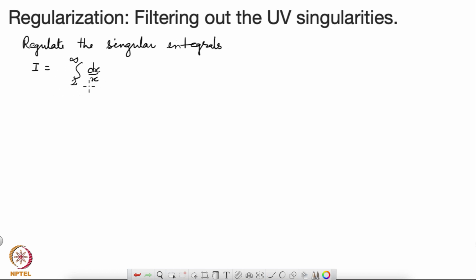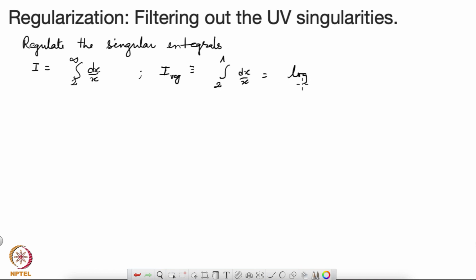Now you see that this integral is singular because the upper limit infinity gives you a divergence. This integrates to log of x, and when you put the upper limit, it gives you a log of infinity. So what I do is I look at a modified integral, which I will call I regulated, defined to be the integral from 2 to some capital Lambda of dx over x.